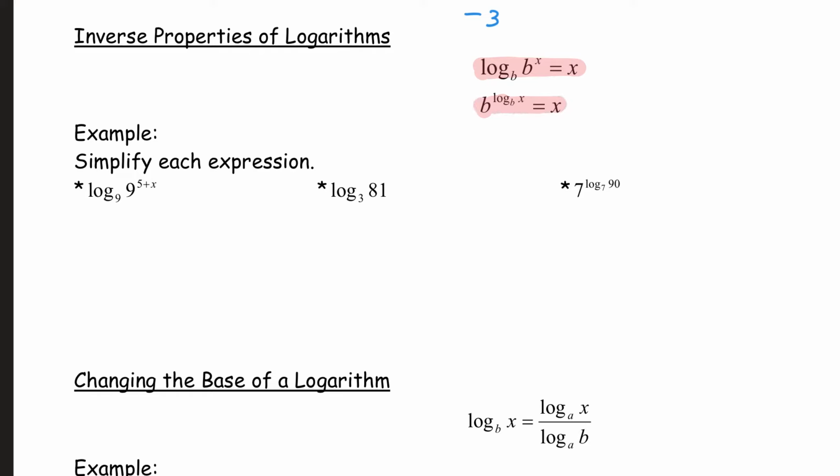So in this example, we have a logarithm base 9 with the same base 9, and it's raised to the power 5 plus x. So this will just simply be equal to 5 plus x. Since the 9s are the base and also the base of this exponent, it would just be the power.